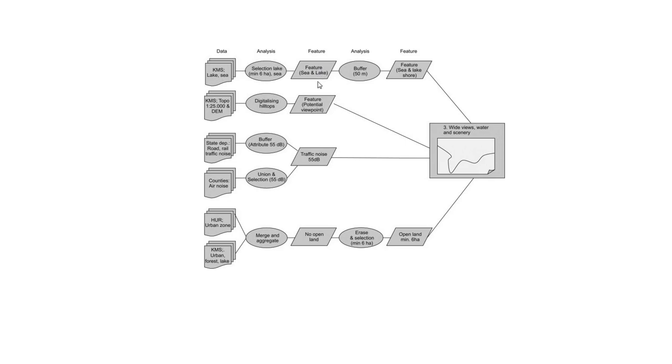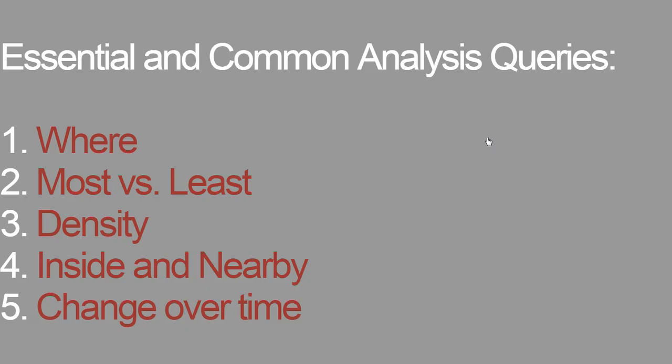And that'll often result in what's called a feature, which is essentially a shapefile if we're in vector format. And then we're going to maybe do some more analysis on it and produce another shapefile or another feature, and that'll get us to our final result.